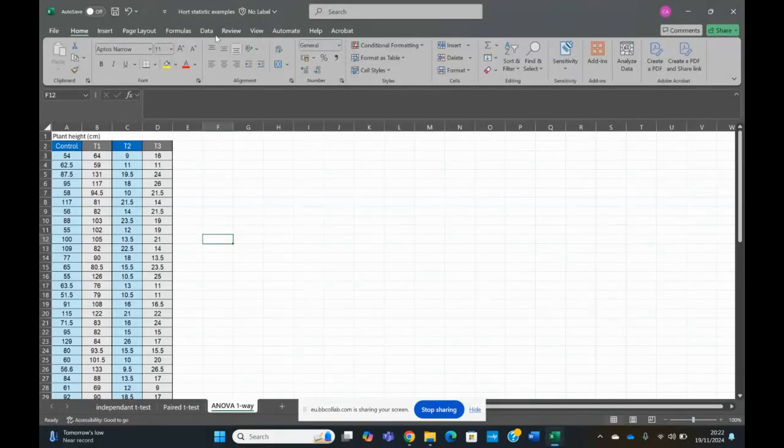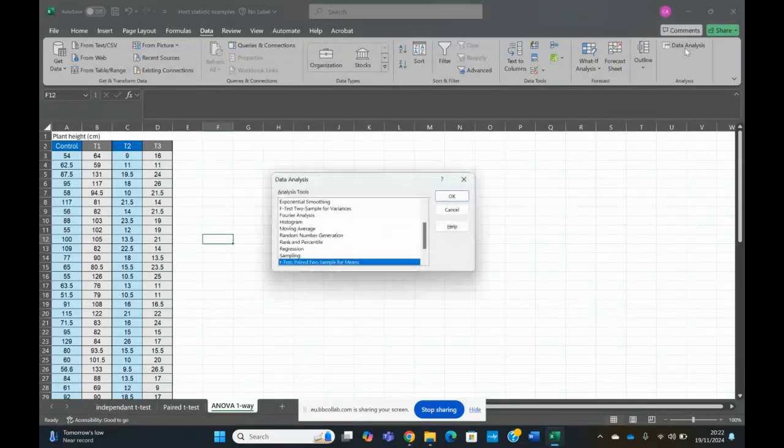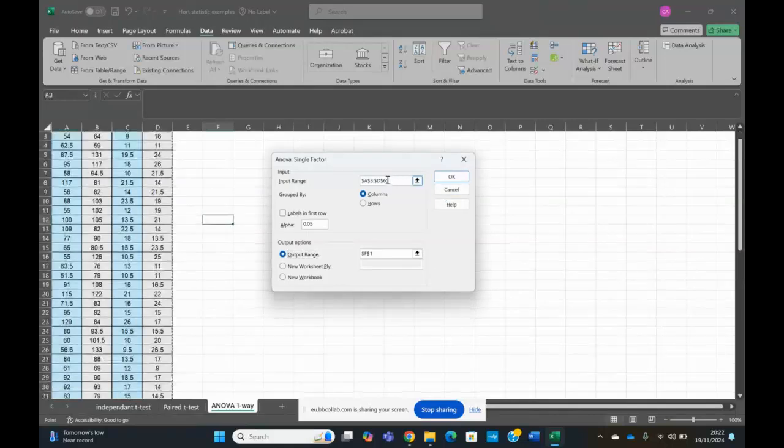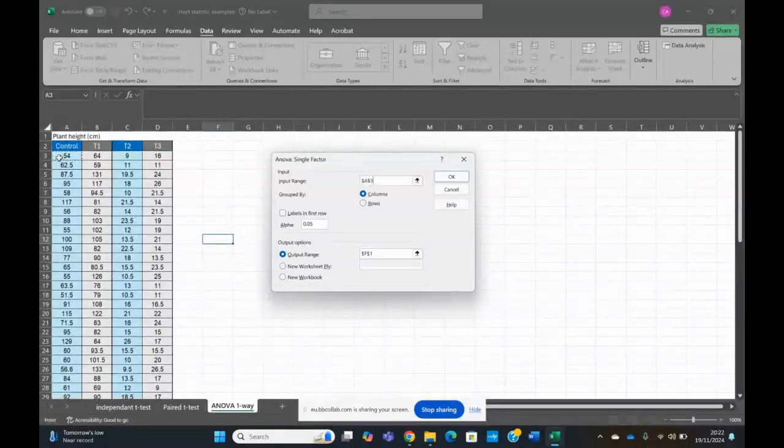So to calculate a one-way, we go to our data tab and data analysis, and then it's all in alphabetical order. So we're looking for ANOVA single factor. I'm going to select that, and then we input our range.